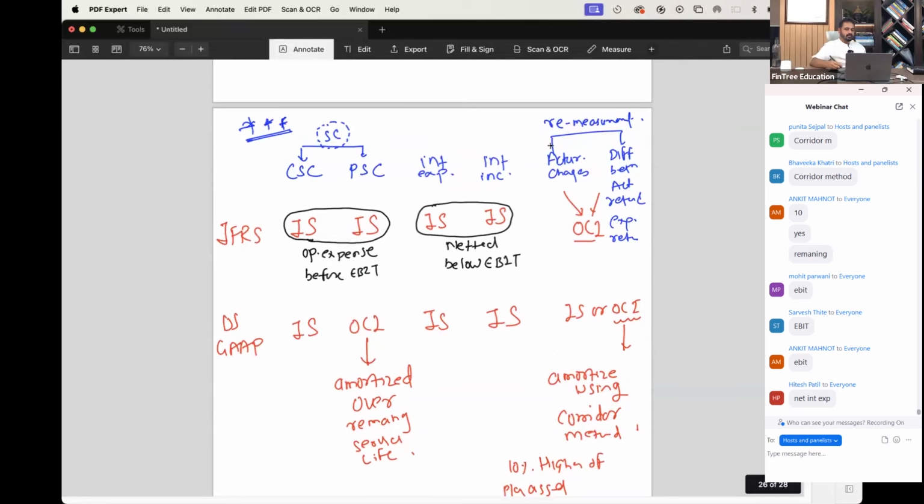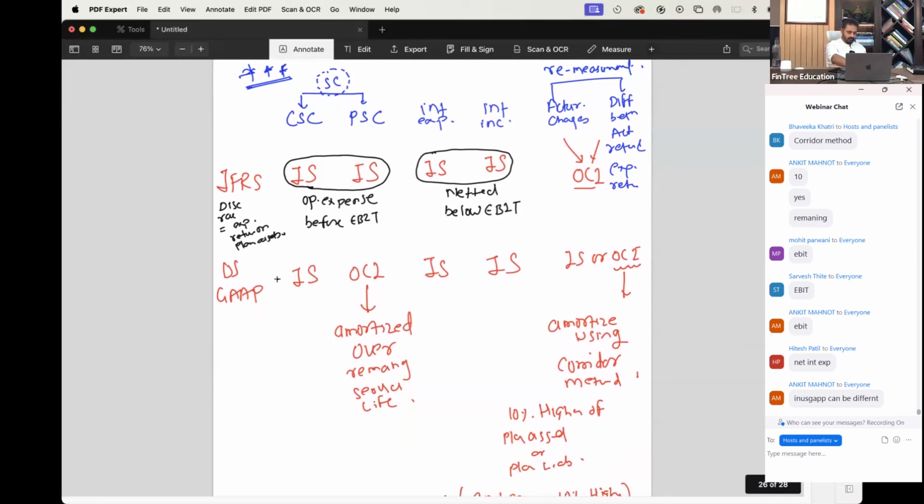Remember, under IFRS, discount rate is same as expected return on plan assets. Discount rate is same as expected return on plan assets. In US GAAP, it can be different.